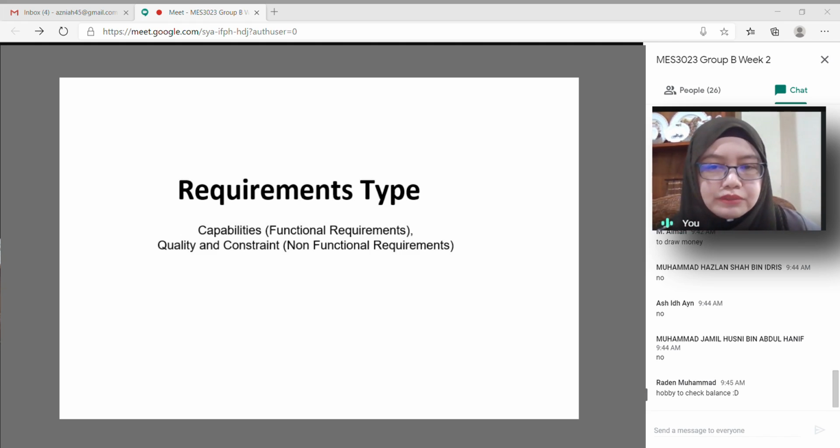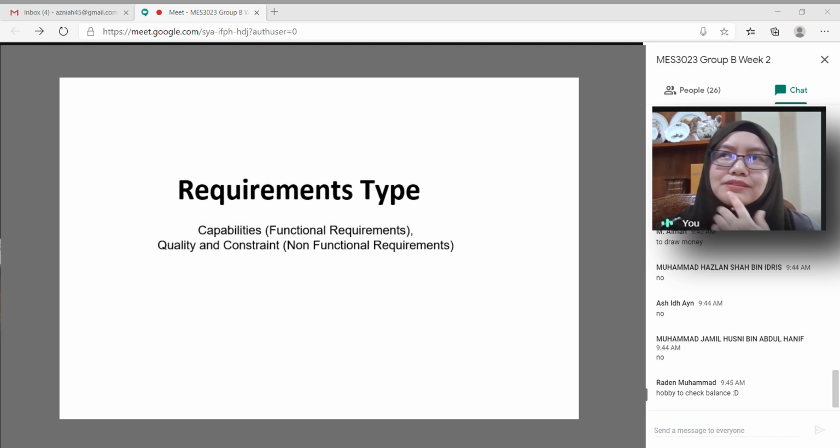All right, and then constraint. Normally people confuse constraint and quality. They think it's about the same thing, but that's not true. If you read a quality statement, it sounds positive. It sounds good. They want access within 10 seconds; that sounds logical, that sounds good. But when it comes to constraint, it has no feeling. You don't know whether it's good or bad.